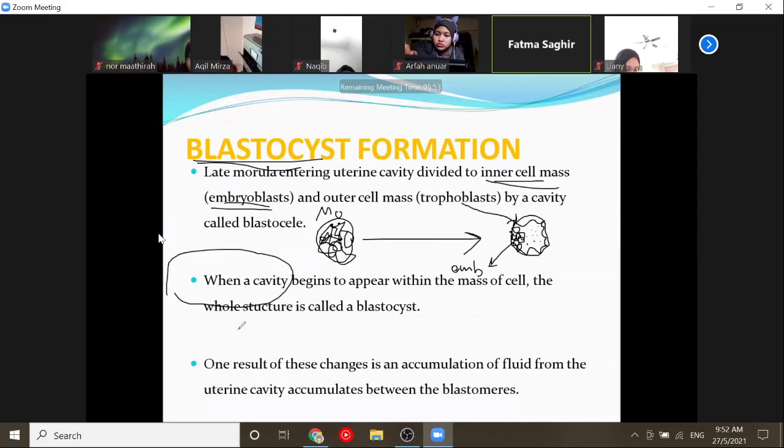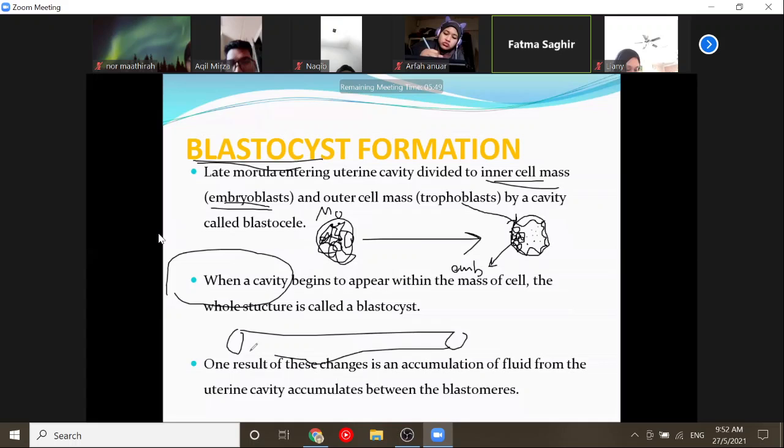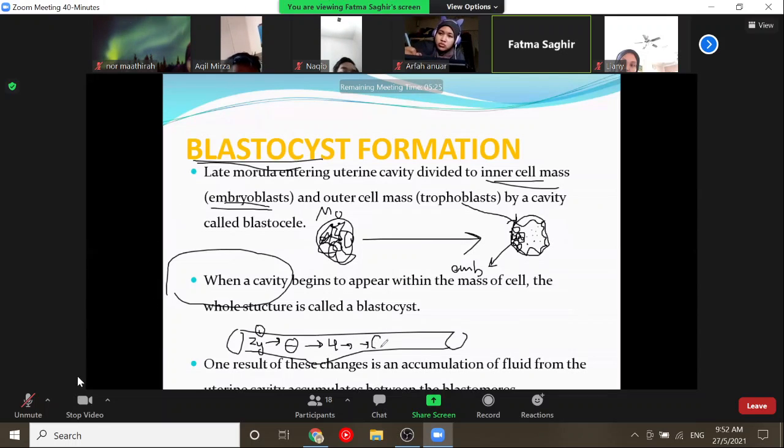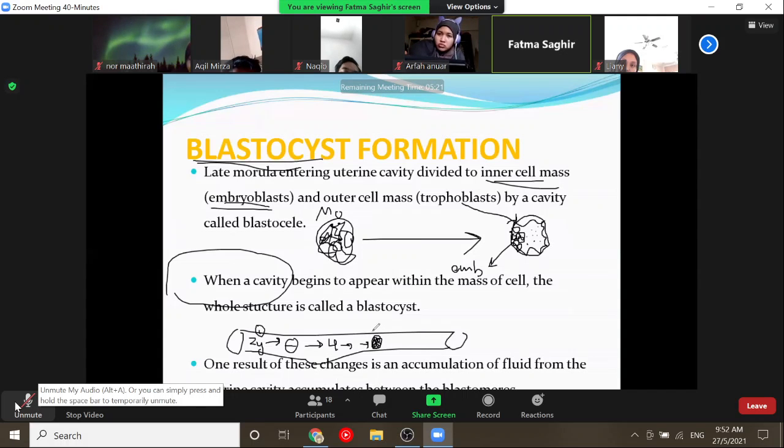So again, within the fallopian tube, what happened? First we have zygote, which is one cell. This will divide into 2 cells, then 4, until it gives us morula.